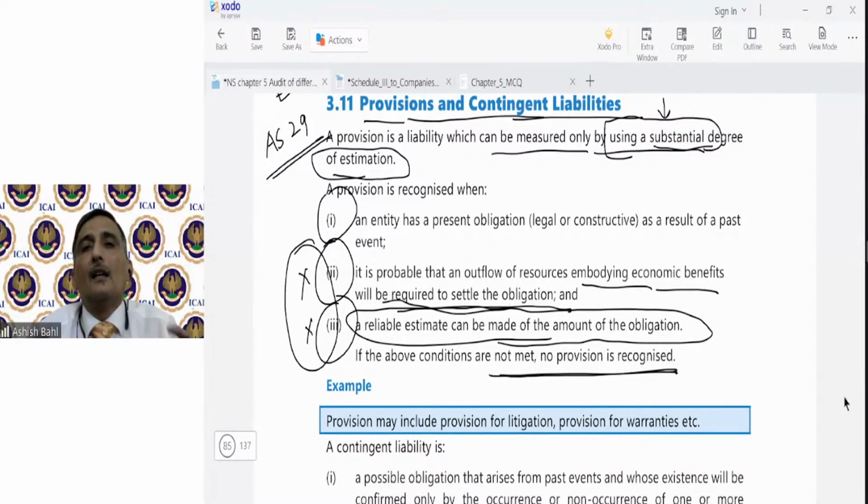So by understanding this example, you can understand the difference between contingent liabilities and provisions.